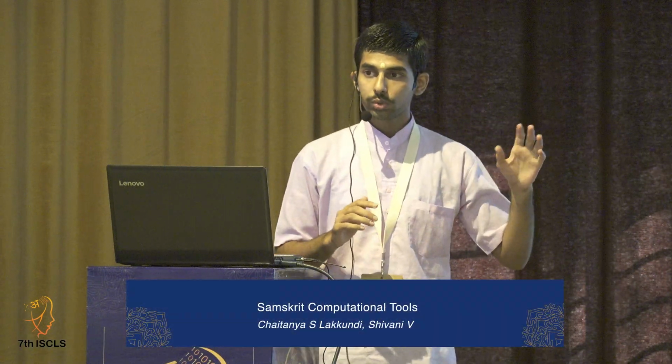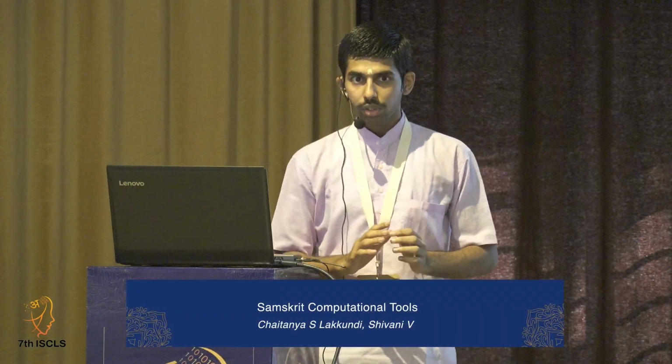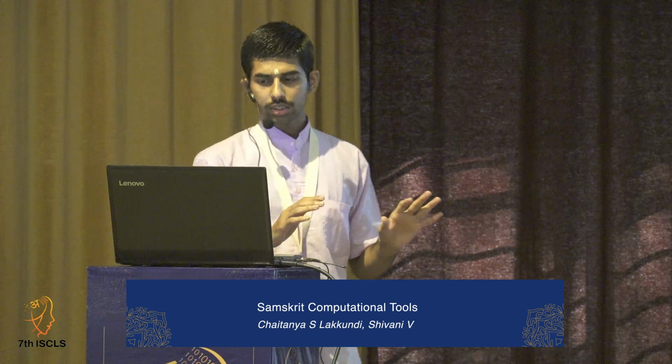Coming to the next tool, in the earlier presentations we saw Yoga Sutra's concept mapping. In a similar vein, we have done concept mapping or mind mapping of Tarka Sangraha, essentially. Here, ontological mapping is provided.